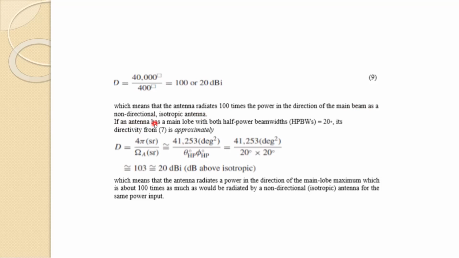So if an antenna has a main lobe with half power beam width 20 degrees, it radiates 100 times the power in that direction.